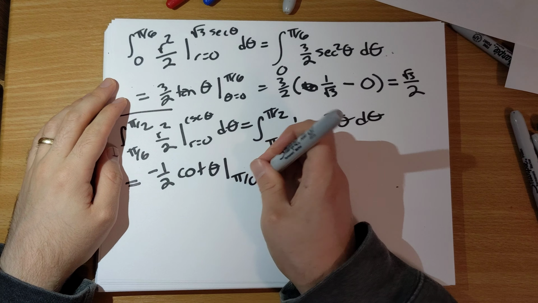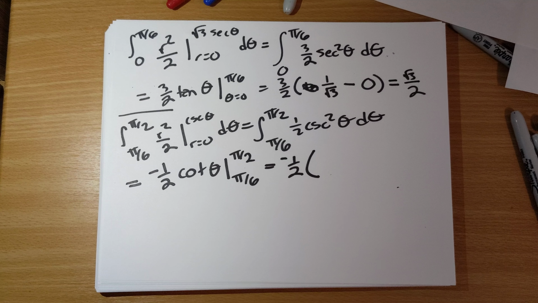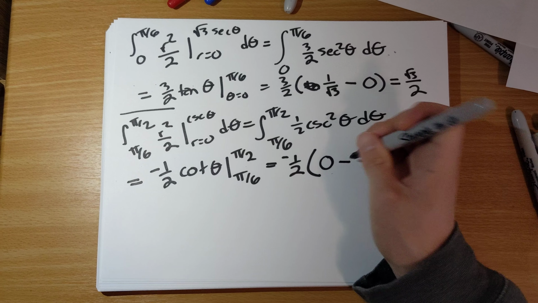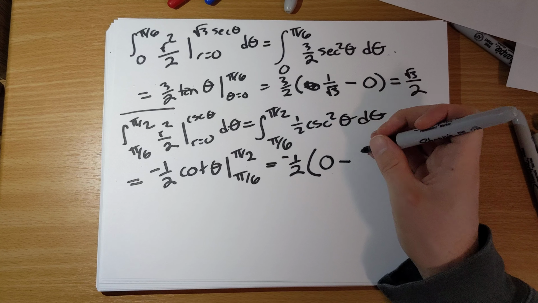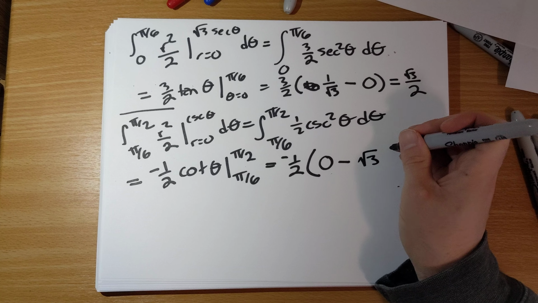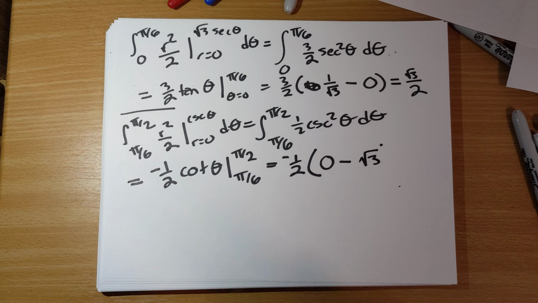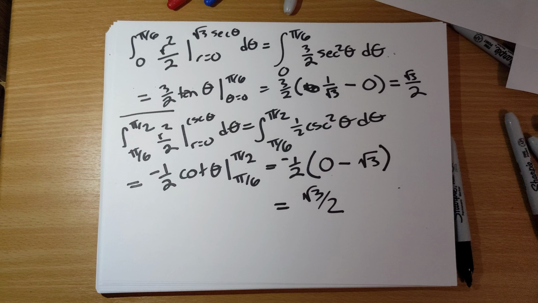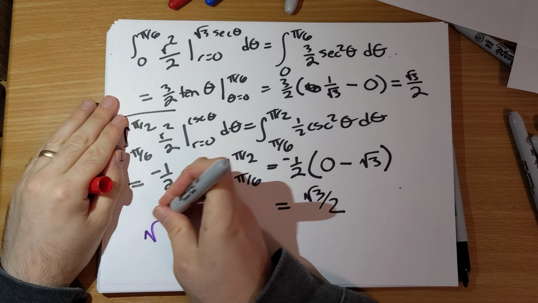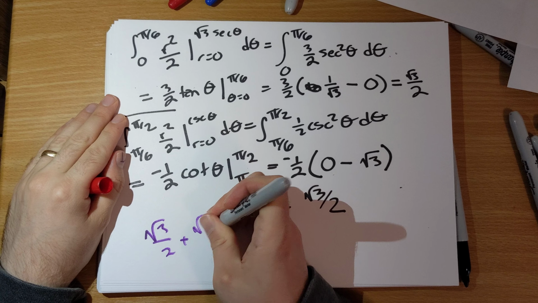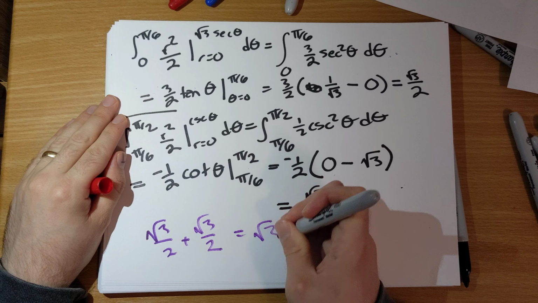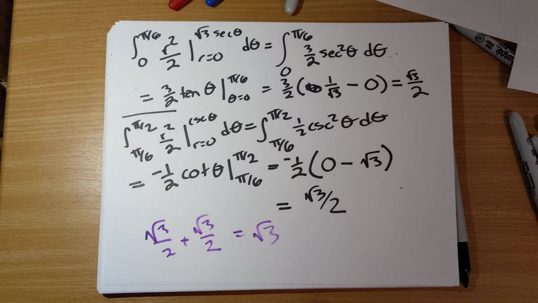So we plug in from pi over 6 to pi over 2: negative 1/2 times, cotangent of pi over 2 is 0, cotangent of pi over 6 is square root 3. And so this ends up once again as square root 3 over 2. So our final answer is square root 3 over 2 plus square root 3 over 2, which is square root 3, as we should get.